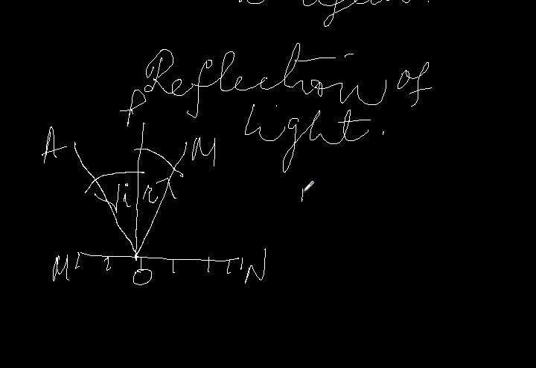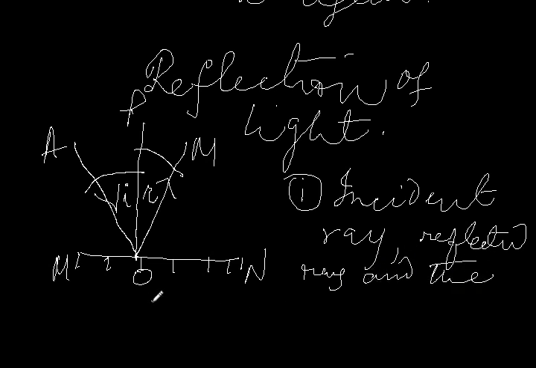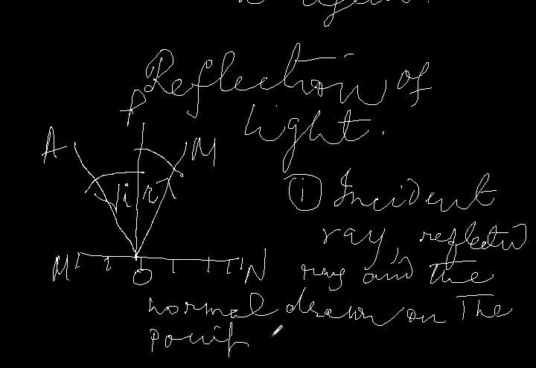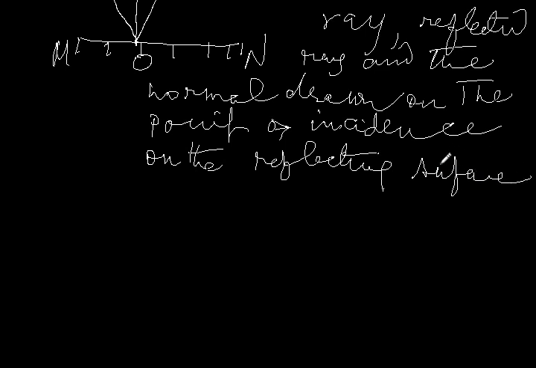Now, there are 2 laws of reflection. First law: the incident ray, reflected ray, and the normal drawn at the point of incidence on the reflecting surface lie on the same plane.